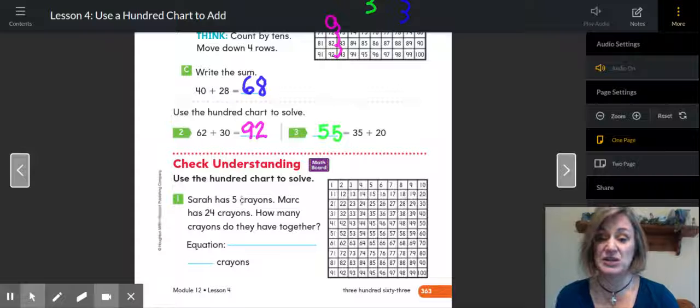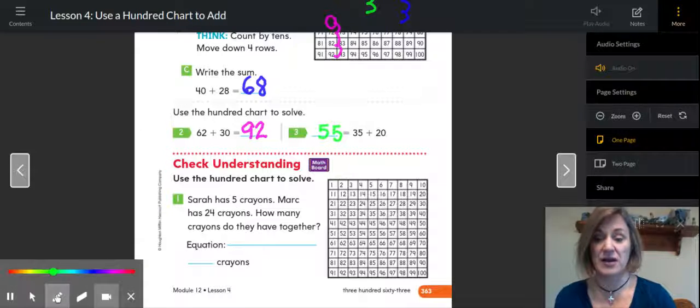Check understanding. Use the hundreds chart to solve. Sarah has 5 crayons. Mark has 24 crayons. How many crayons do they have together? So that word together is a clue to me that we're wanting to add their crayons together. So I want you to think about that. Picture Sarah has 5 crayons. Mark has 24 crayons.